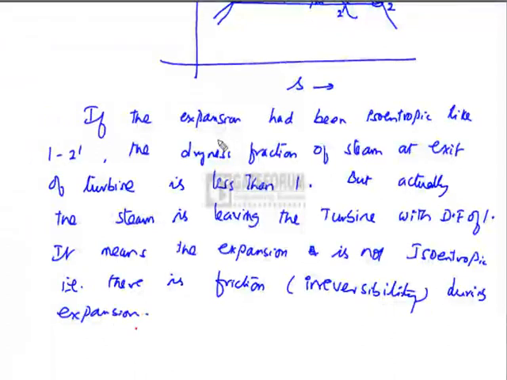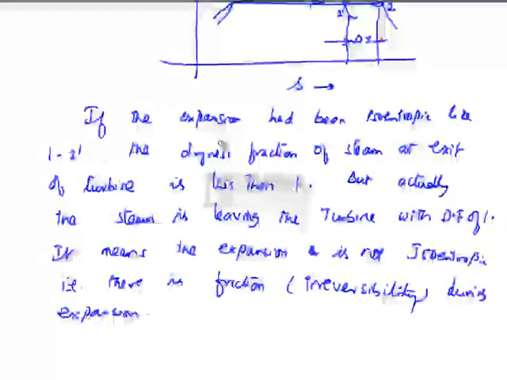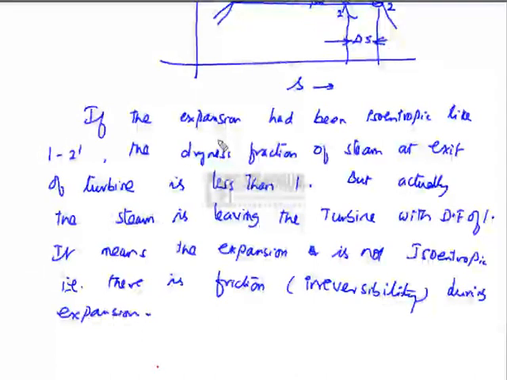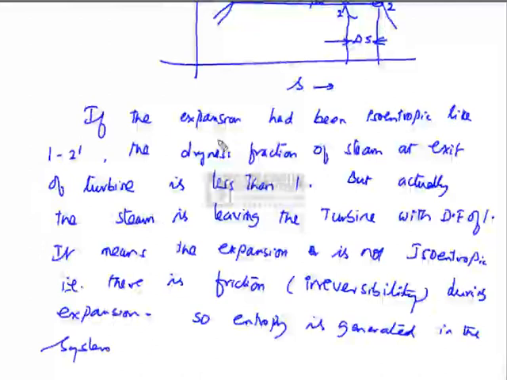So there is entropy generated. As we have shown in the figure, the entropy is always generated, so entropy is generated in the system due to irreversibility.